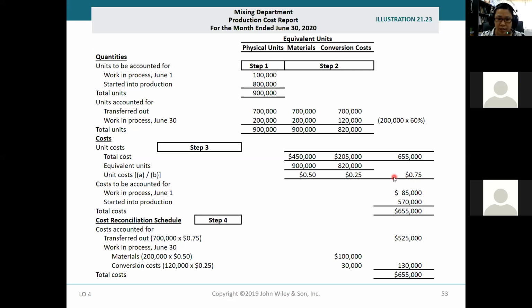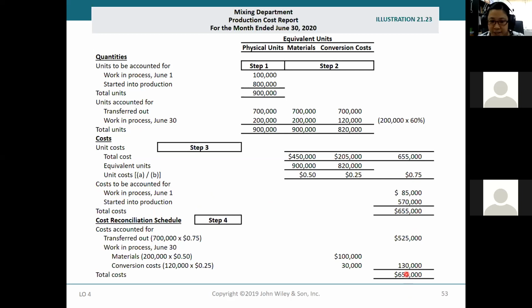Now for the cost reconciliation, we have work in process June 1, 85,000, started into production 570,000. That will give you 655,000. Then we need to calculate the cost accounted for. Make sure that it's also equal to 655,000. If you cannot find it equal, it means that you did something wrong.